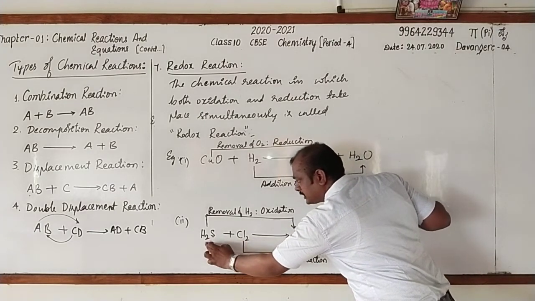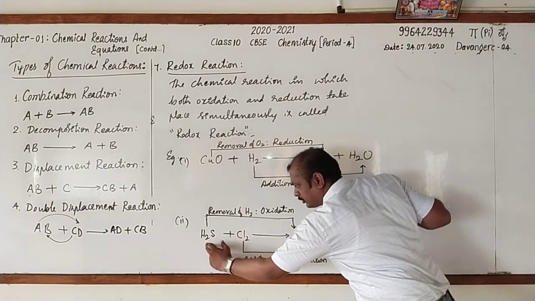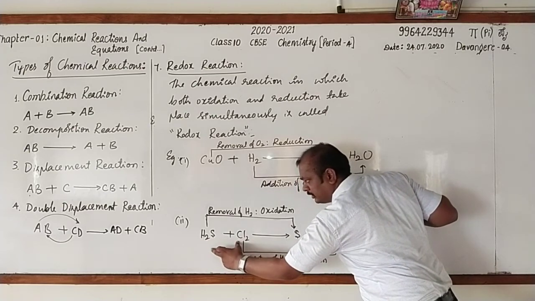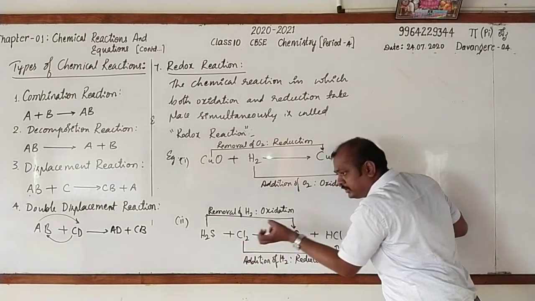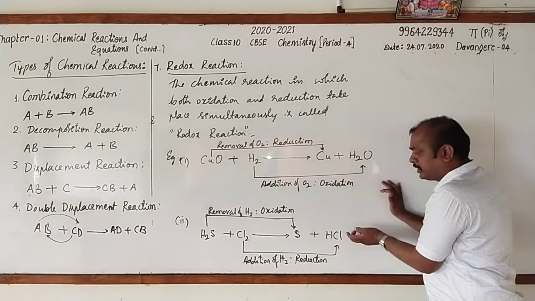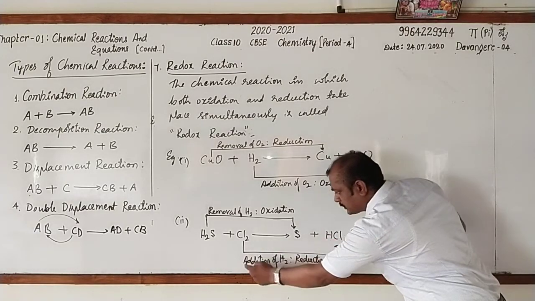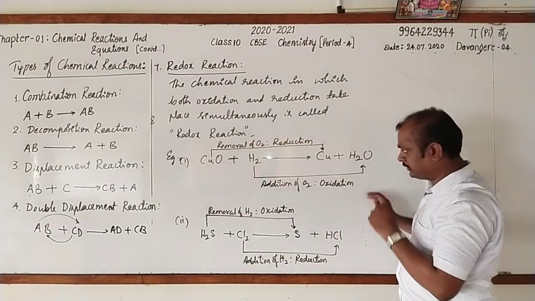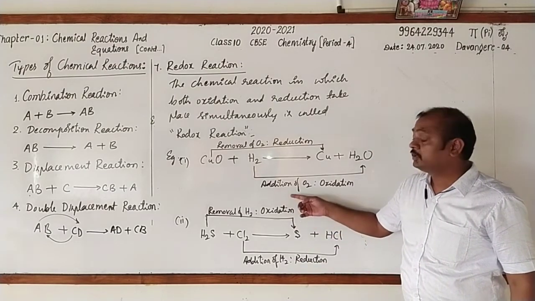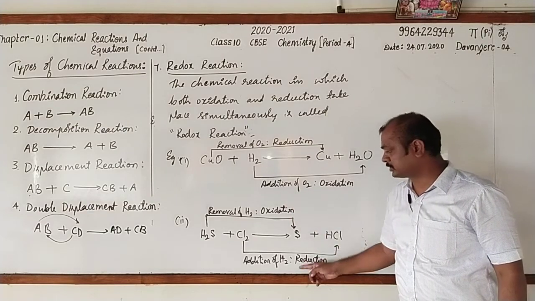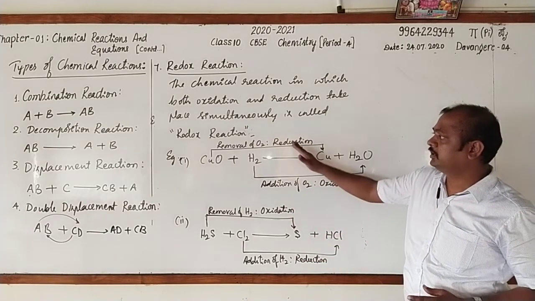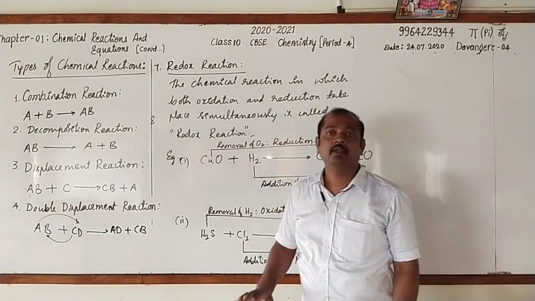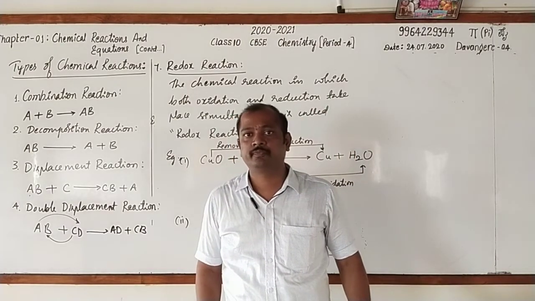Next, this removed hydrogen is added to chlorine. Then chlorine takes the hydrogen and becomes hydrogen chloride. That is why we have written here addition of hydrogen, which is called reduction. In this example also, we can see both oxidation and reduction. Hence, these two are examples for redox reaction.